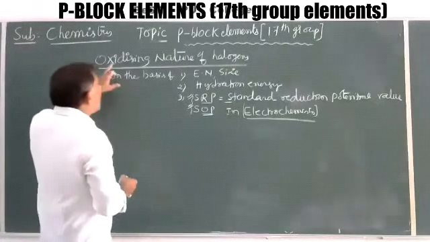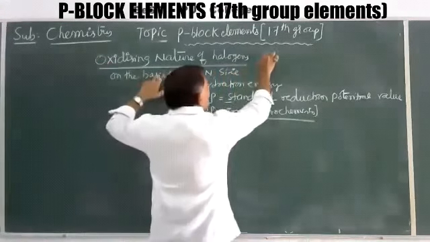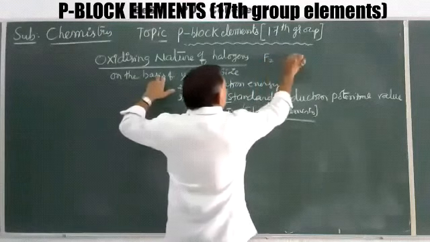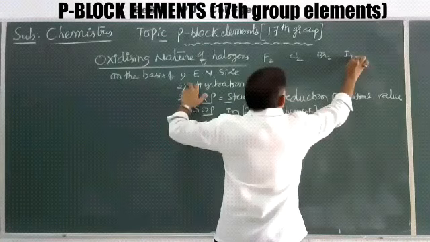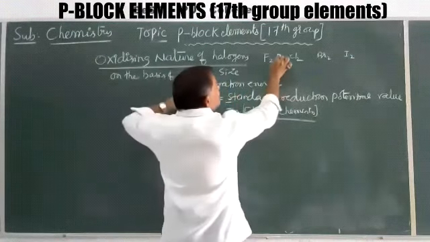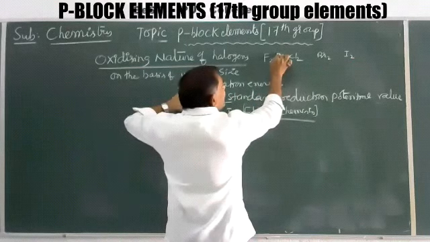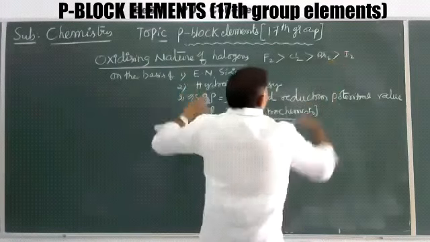So the oxidizing nature of halogens: the halogens are fluorine, chlorine, bromine and iodine. Astatine is a radioactive element. The strongest oxidizing agent is fluorine compared to chlorine, compared to iodine.